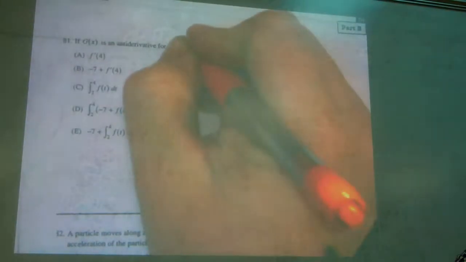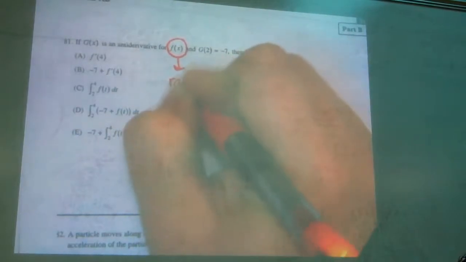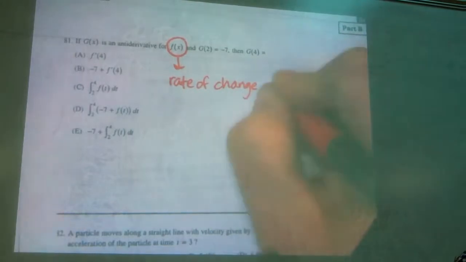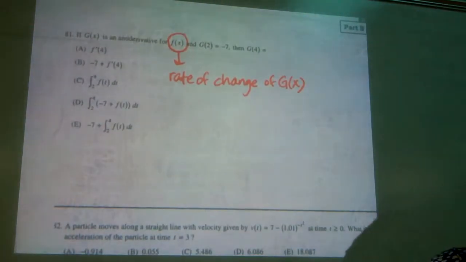So basically it means that f is the rate of change of g. If I would have to integrate f to get g, it means that f is the rate of change of g, or the derivative of g.